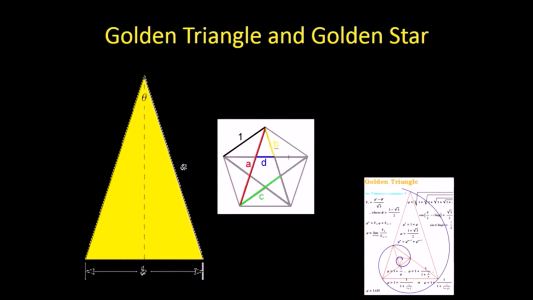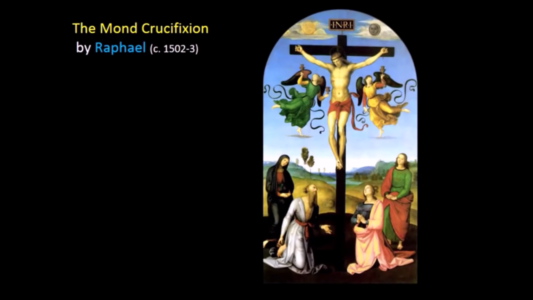Other ideal proportions can be found in the golden triangle and the golden star. Raphael's Mond Crucifixion uses both to perfectly proportion the various figures in relation to the figure of Christ.